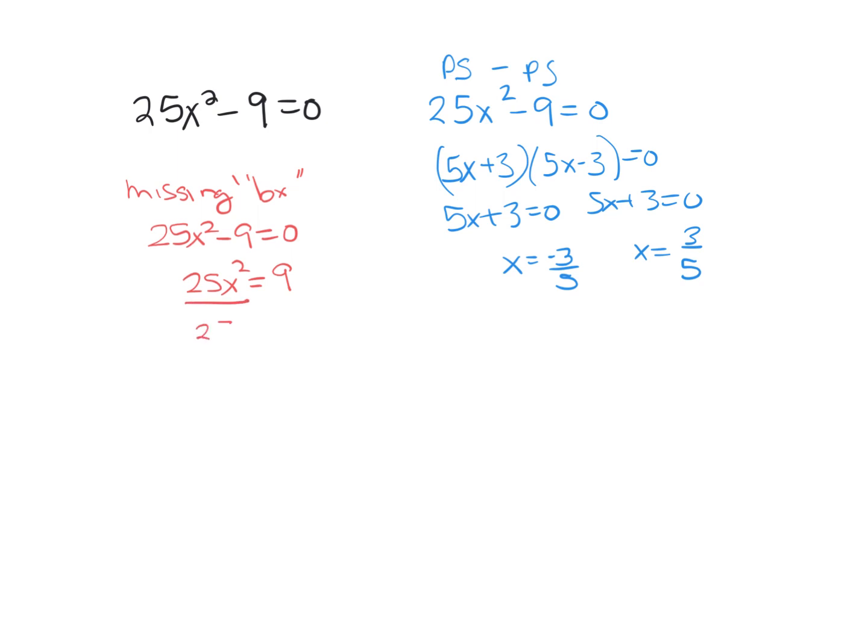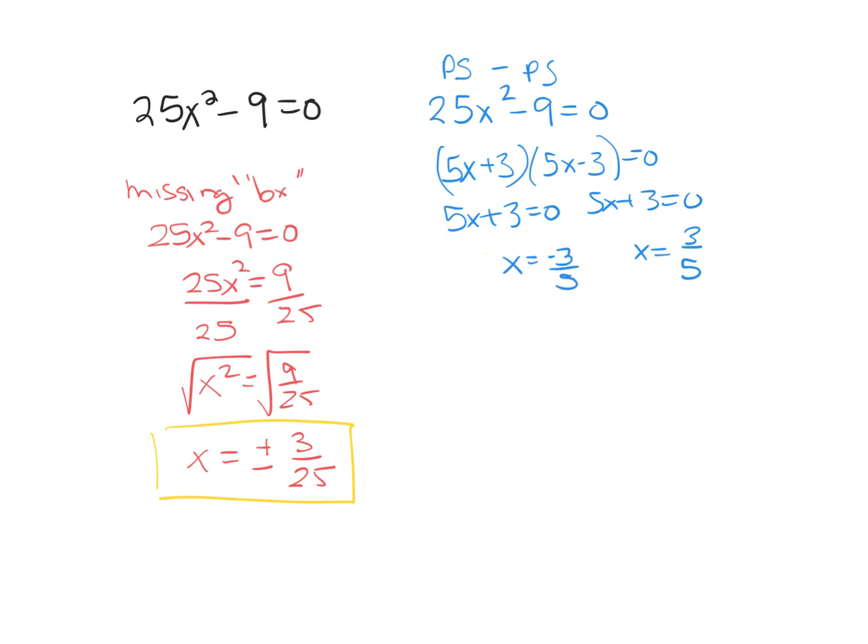Since it's 25 times x squared, we'll divide both sides by 25. And then since we have x squared, we square root both sides. Make sure we put plus or minus in there. The square root of 9 is 3, the square root of 25 is 5. You can see that we have the same answer by square root as we do by factoring.